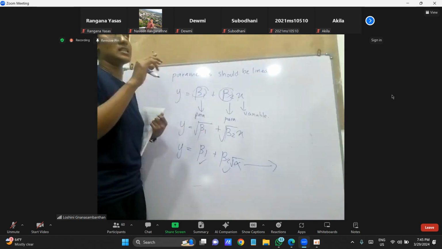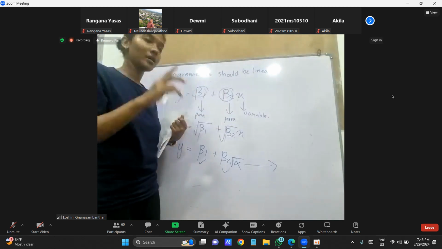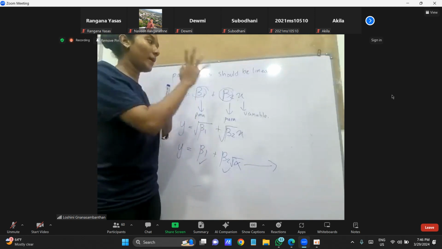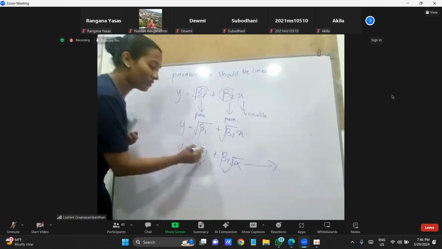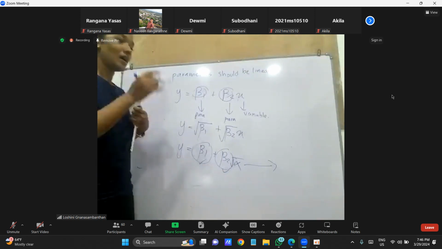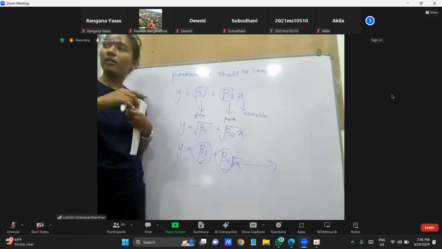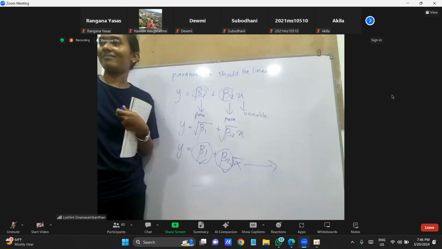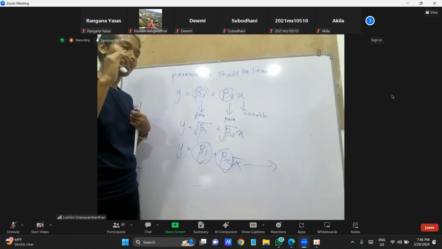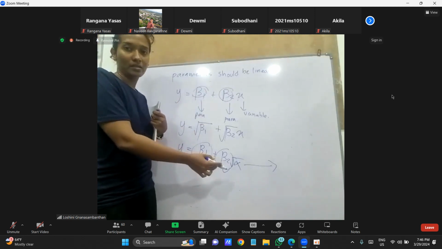So it's not about the line being non-linear or linear. It's about the parameters being linear or not linear. Even if the parameters are linear, even if this doesn't have any squares or roots or anything, the graph can be non-linear. But our requirement is that these two are linear parameters.